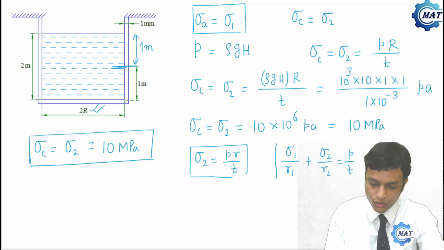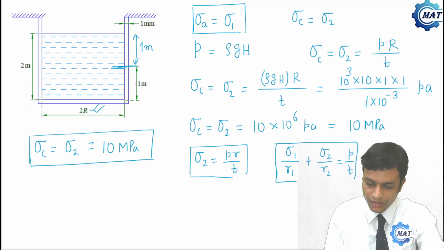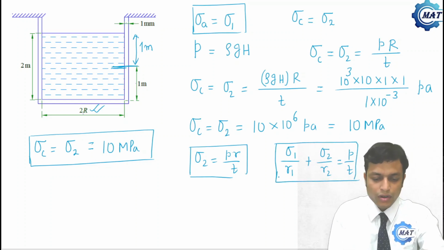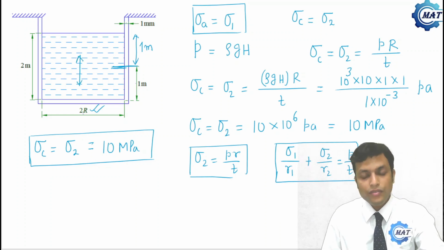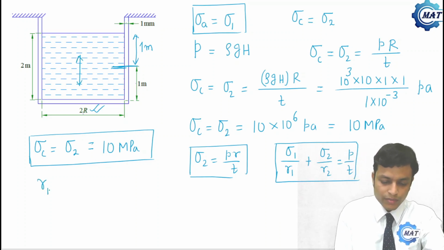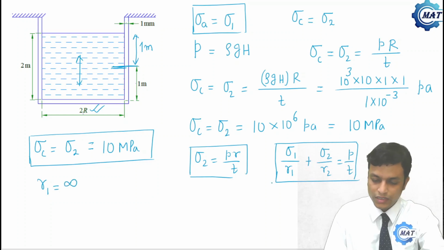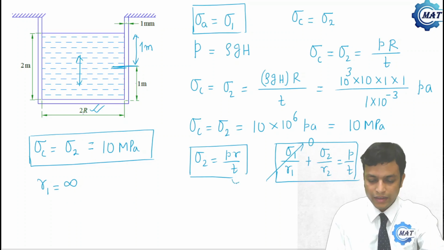This was our basic equation for a thin wall pressure vessel. Now r1 is along this direction, radius of curvature is infinite. R1 for a cylindrical pressure vessel is always infinite, so this term goes to 0. Now sigma 2 becomes PR by T, always.